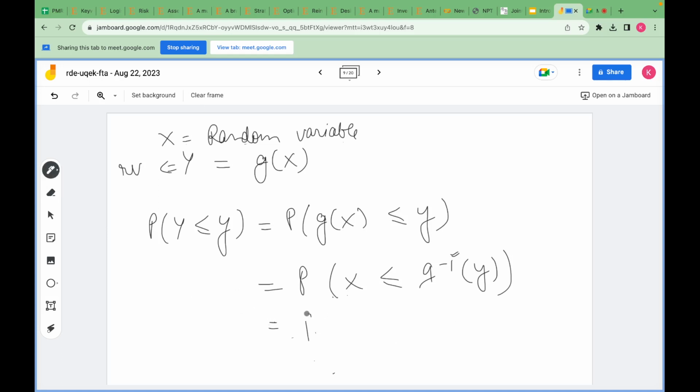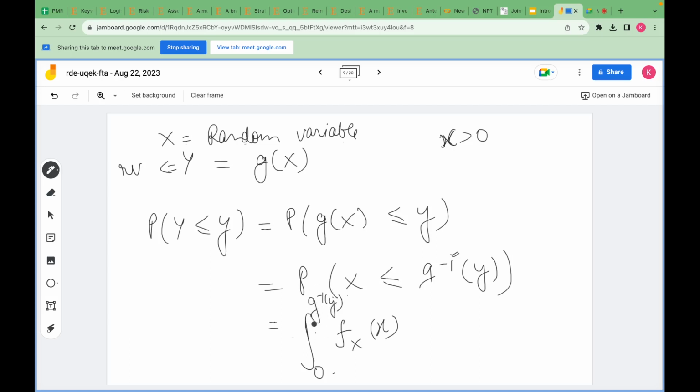So this can be written as from 0, if we are supposing that x is greater than 0, the probability density function f(x) integrated up to g inverse y. The limit will be restricted to g inverse y.